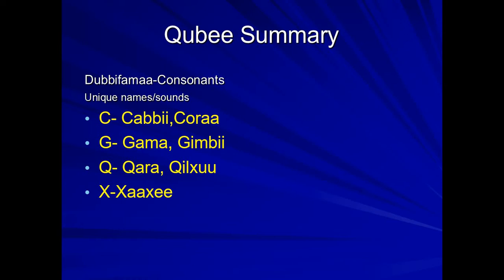The other sound that's different from English is the letter Q. We use Q to write a sound ka. Ka is a sound in Oromo. It is not the usual K, but a different ka: kara, qiltu, and so on. And we have to differentiate those sounds as well.